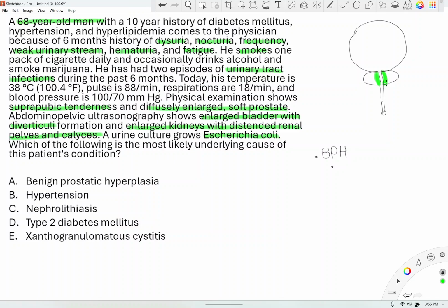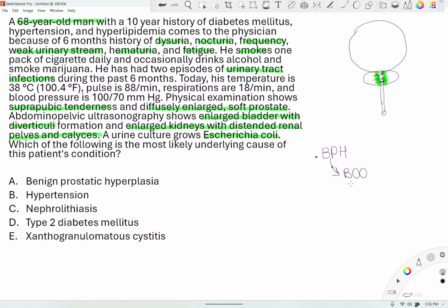When this area hypertrophies, it'll put pressure on and compress the urethra. I'll put these arrows. So as a result, the urethra can become constricted. So there will be some obstruction, a bladder outlet obstruction. Okay. So benign prostatic hypertrophy can cause bladder outlet obstruction.